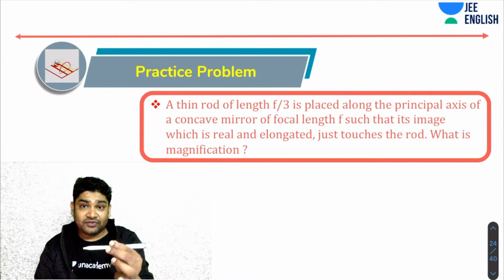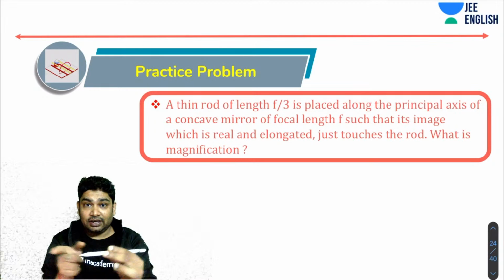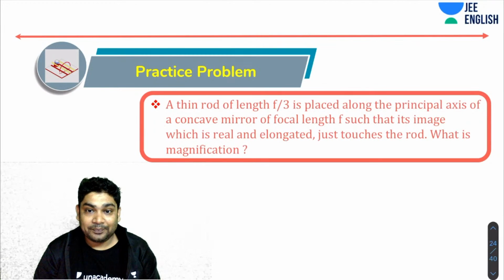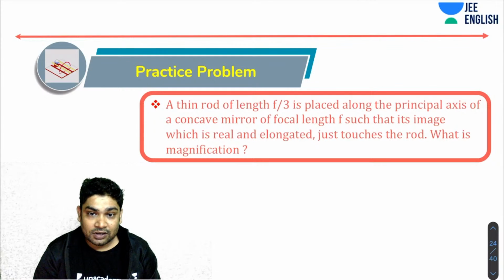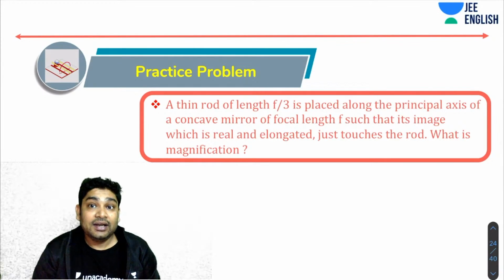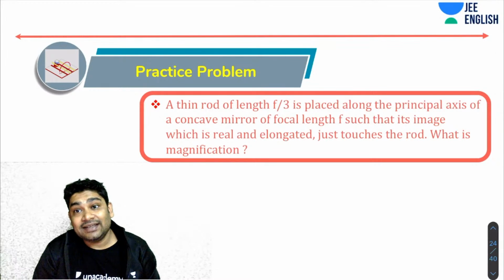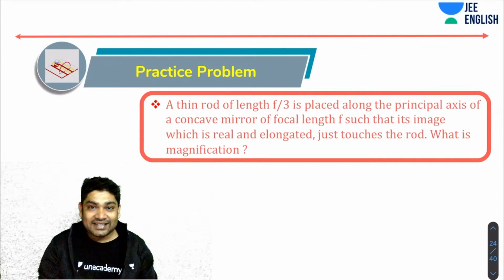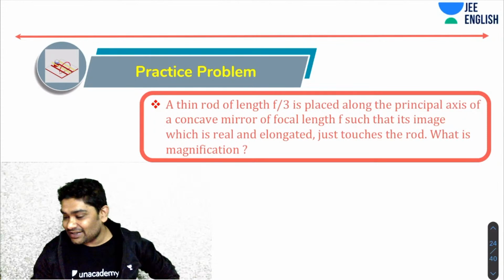So you have an object which is kept along the length like this, right? You've been told that the length is f by 3 and the image is real, elongated, and just touches the rod. So what does this information tell you?